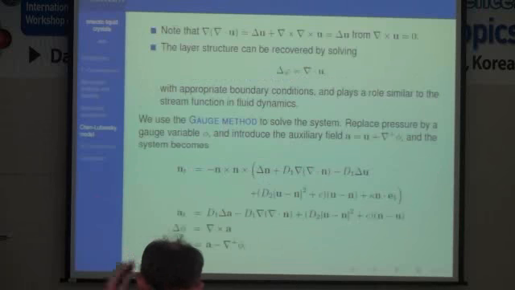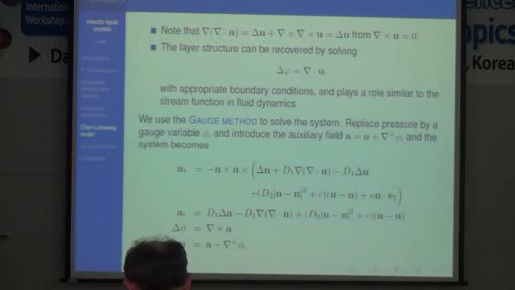So this is the method that we used, and once you solve the equation and find u, then you can recover your layers by solving this equation again, because grad phi equals u, and with the appropriate boundary condition, you can solve this equation. Then you can recover your layer structure. It's like a stream function in fluid dynamics.